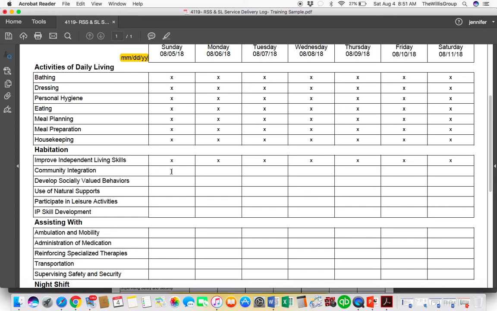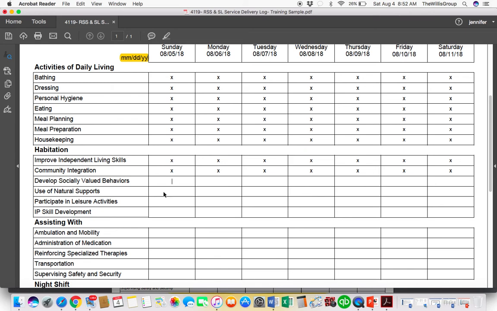If we're doing community integration, this means we've taken this person out into the community to perform some type of activity, again, to try to reinforce living independently. This can be leisure activities. This box indicates develop socially valued behaviors, again, trying to teach the individual concepts that are socially acceptable.